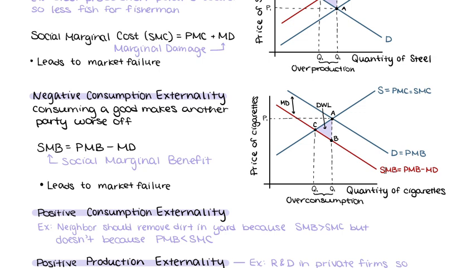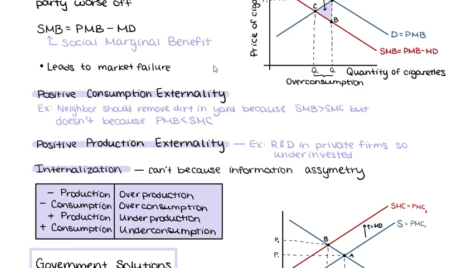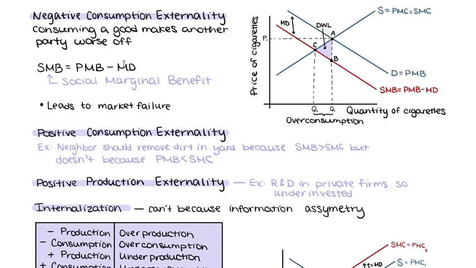So the social marginal benefit equals the consumer's marginal benefit minus the marginal damage. So there is overconsumption here, just like overproduction. We also have a deadweight loss area, and it leads to market failure too.